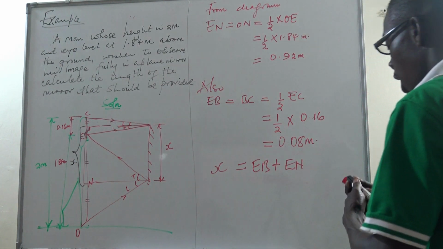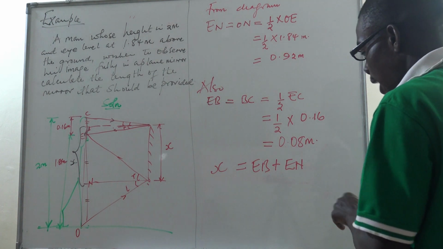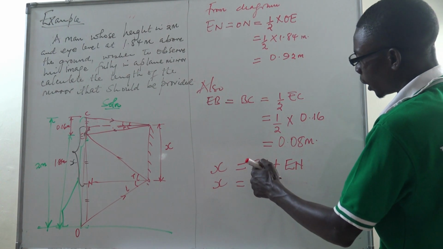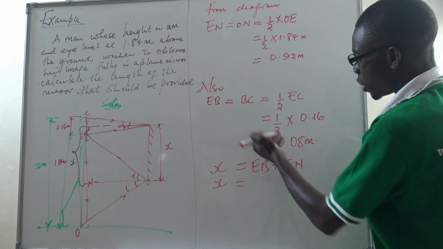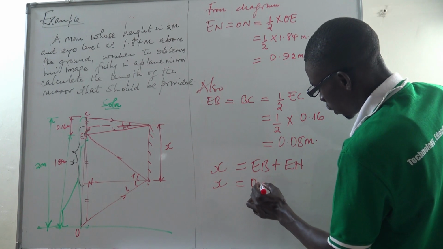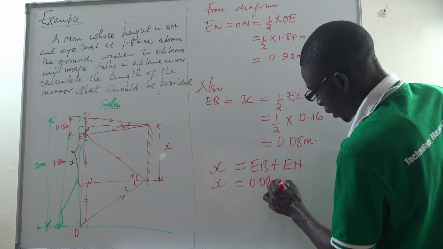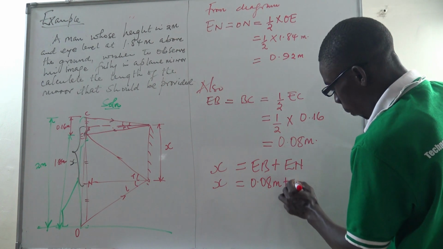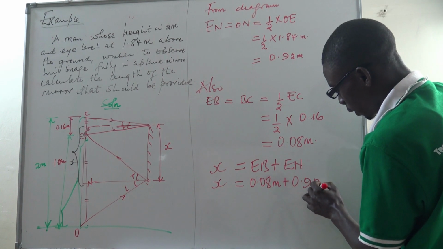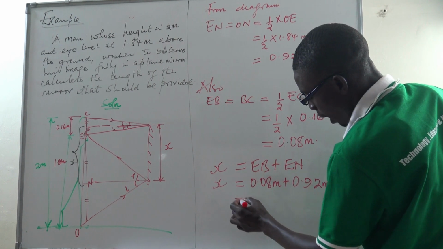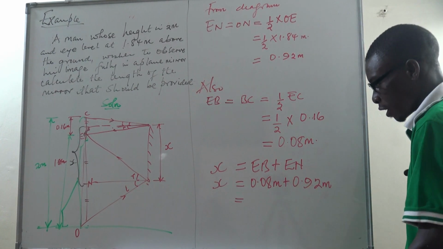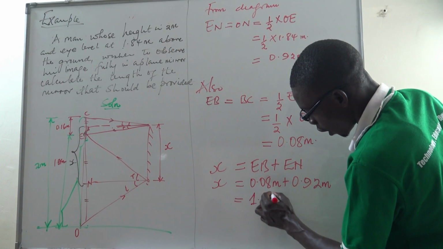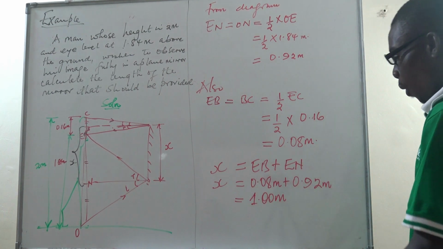So therefore, I'm very proud to tell you that X is equal to EB. My EB, we already said, is 0.08 meters plus the EN which is 0.92 meters, and that is giving us a distance of 1.00 meters, or just 1 meter.